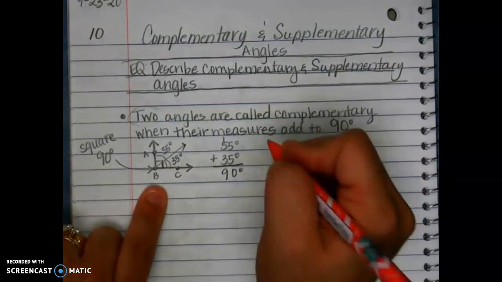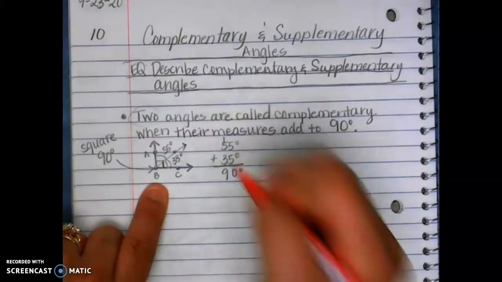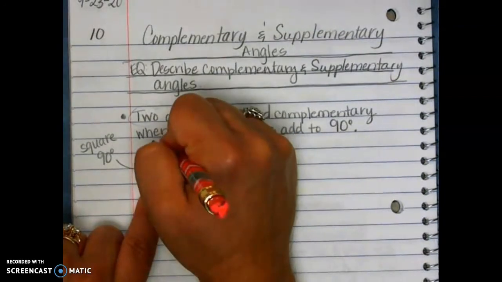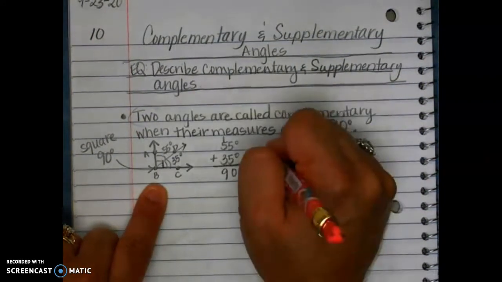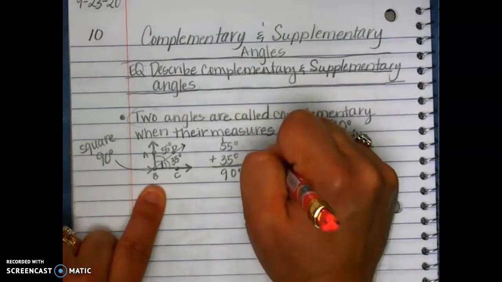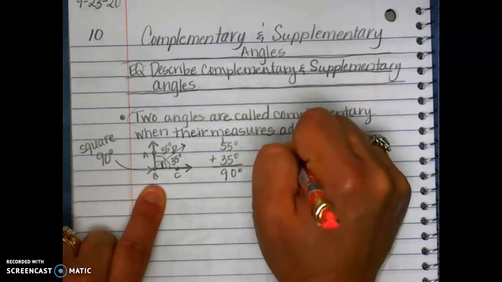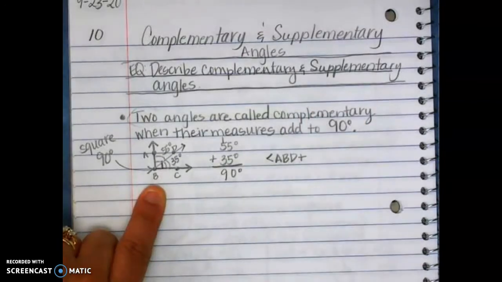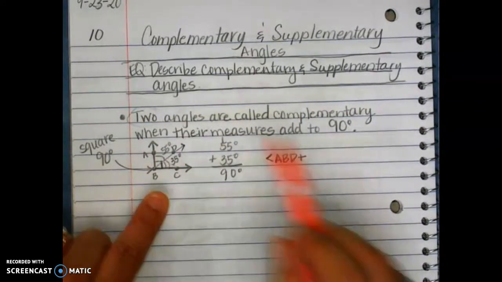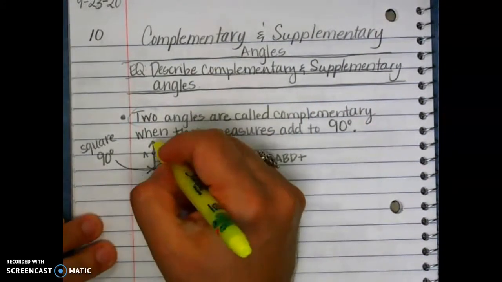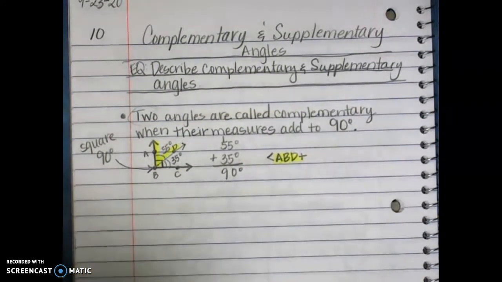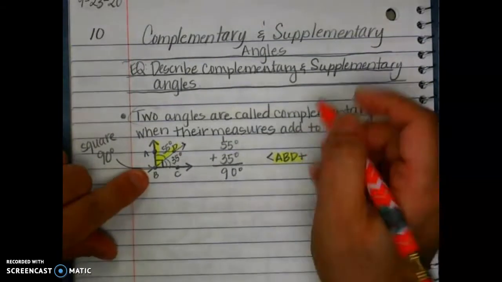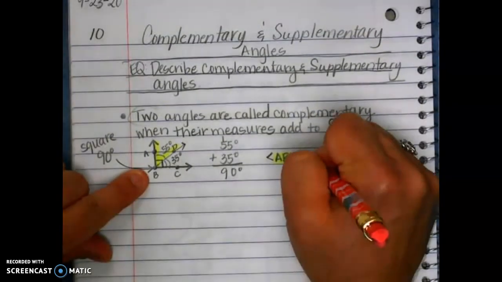So what I could say is, let me add another point here. And I'm going to call this point D, and that'll make this next statement a little bit easier to talk about. I'm going to say angle ABD, which I'm going to color in yellow right here, that's this angle, plus angle DBC.